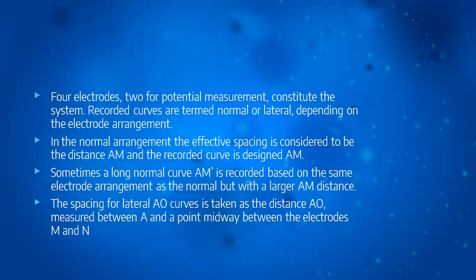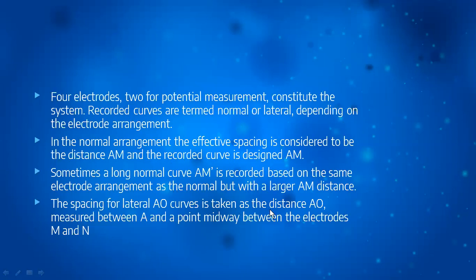The potential electrodes constitute the system, and the recorded curves are termed normal or lateral. Normal is again divided into short and long normal, and lateral is a single one, depending on the electrode arrangement. For example, for the normal, the spacing between A and M is a small distance, that is the short normal, and for a long normal the spacing A M is larger than the normal.